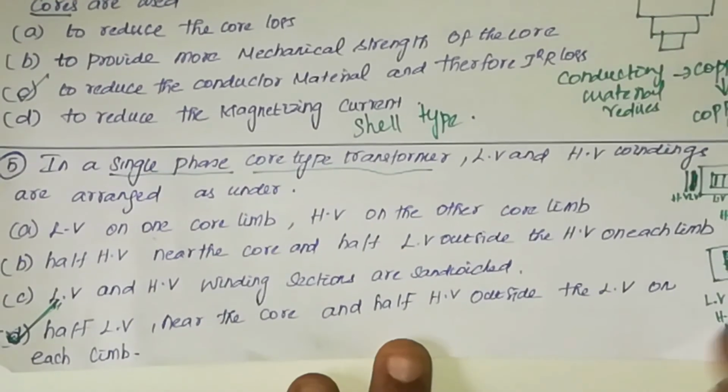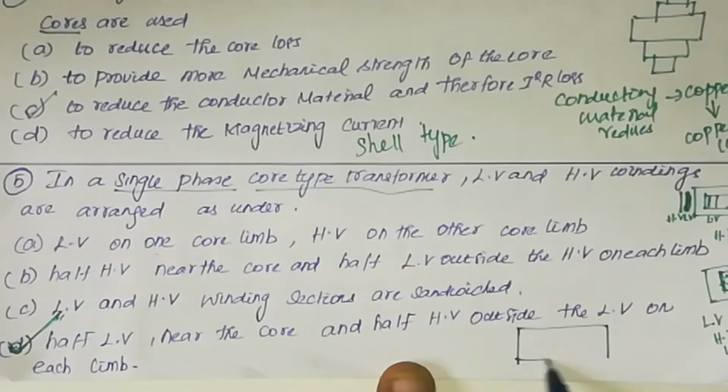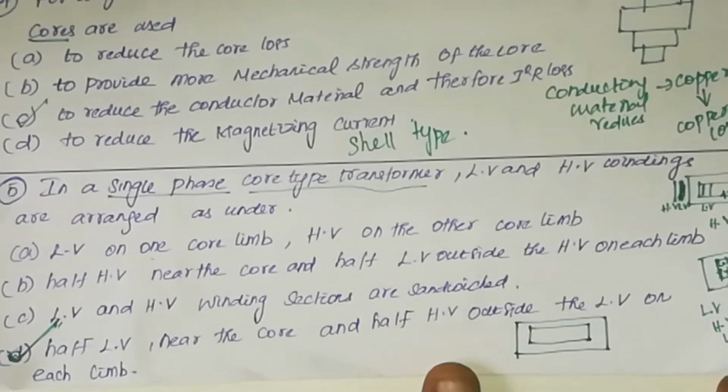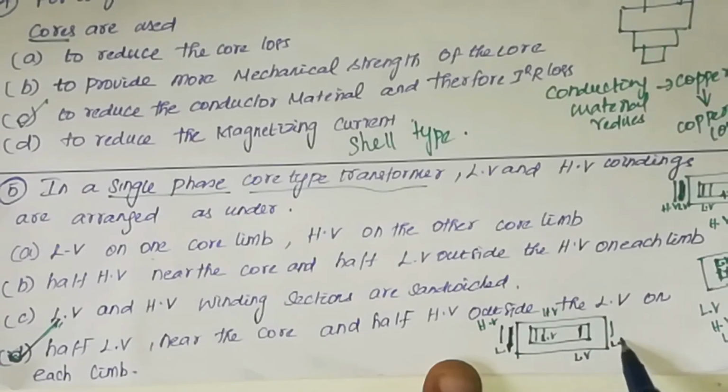This is the structure of a core type transformer. Here they arranged the LV nearer to the core, and outside the LV they arranged the HV. They arranged half of the LV on one limb and half of the LV on the other limb.